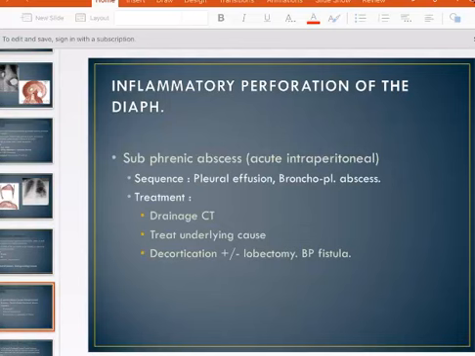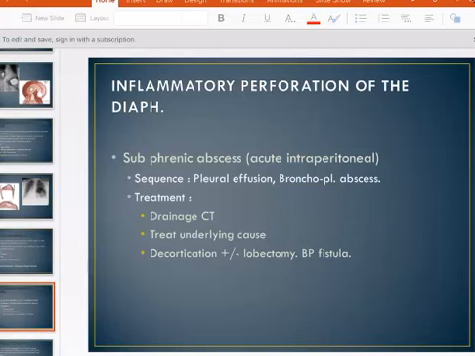Now, inflammatory perforation of the diaphragm may be due to infection. We have subphrenic abscess, acute intraperitoneal infection, and with time this leads to pleural effusion, or bronchopleural abscess, due to the perforation.